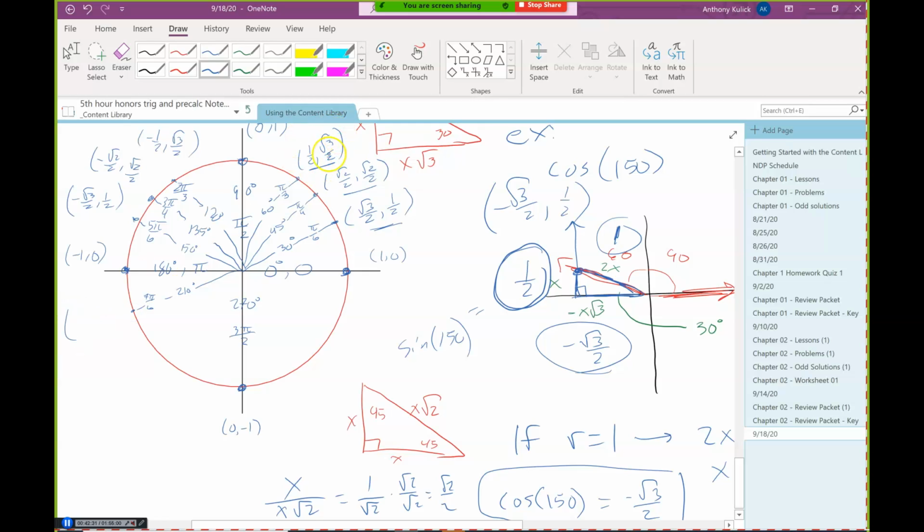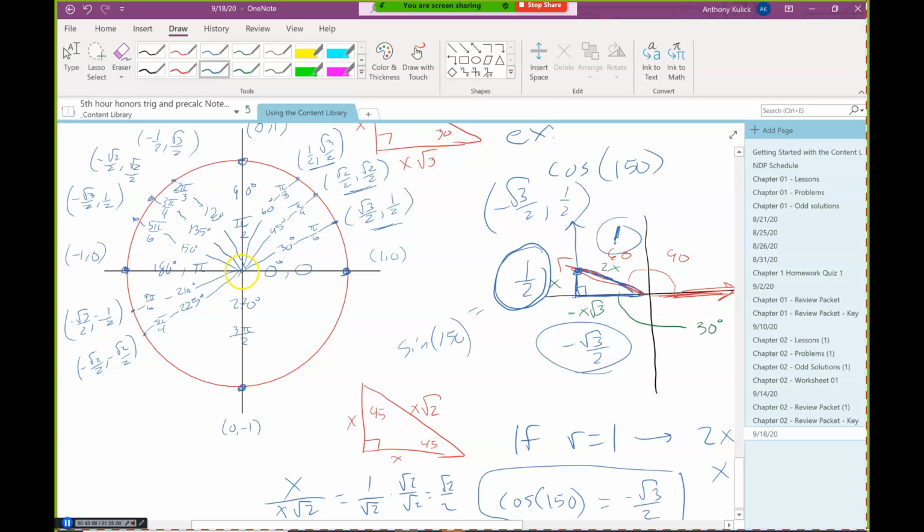Which again is going to be the same as the 30-degree angle, except both the x and the y should be negative because we're in the third quadrant. And then the 45-degree angle is the same as 225 degrees, which in radians is 5 pi over 4. And again, going to be the same as the 45-degree angle, but both x and y coordinates should be negative.